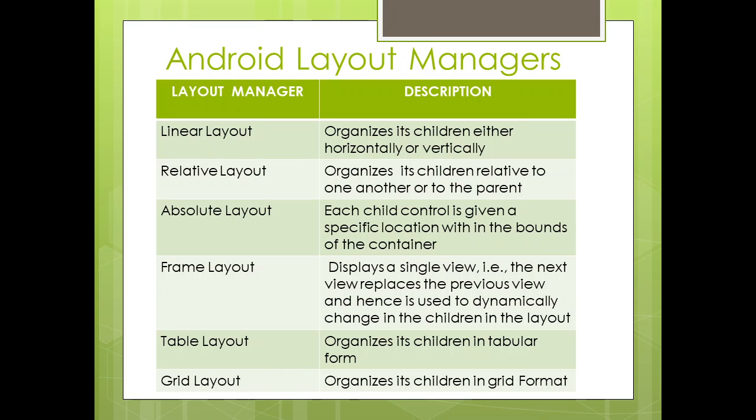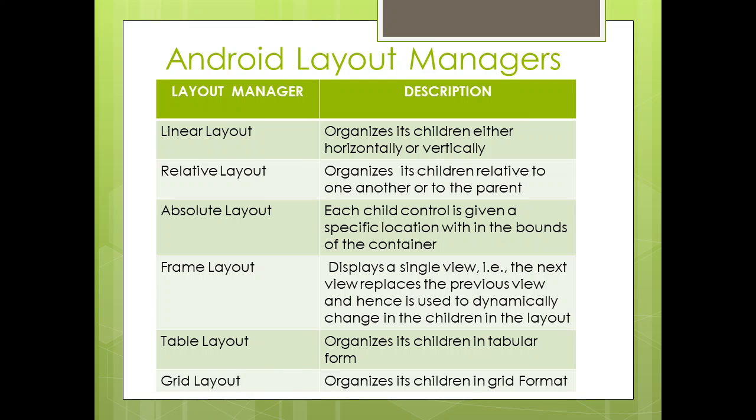Absolute layout: each child control is given a specific location within the bounds of a container. Next is the frame layout. Frame layout displays a single view, and the next view can replace the previous view. Hence, dynamically we can change the children in the layout. We can say frame layout relates to photo frames.